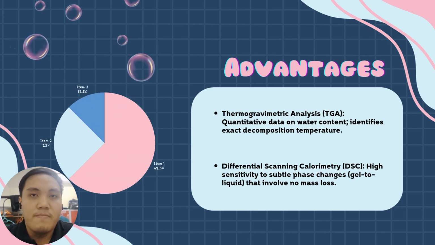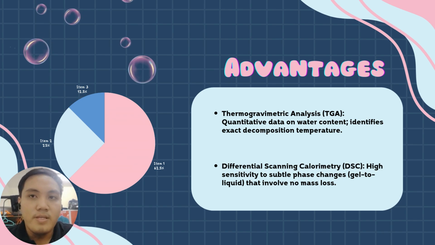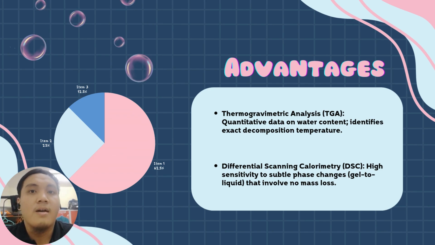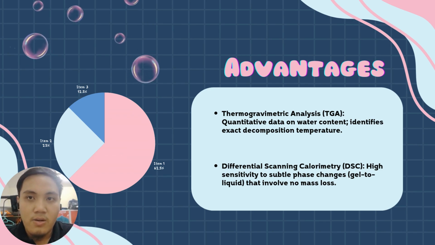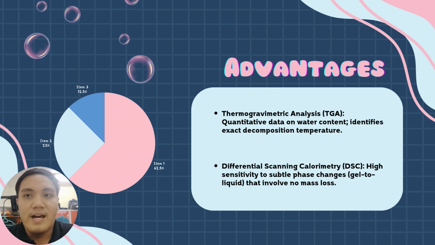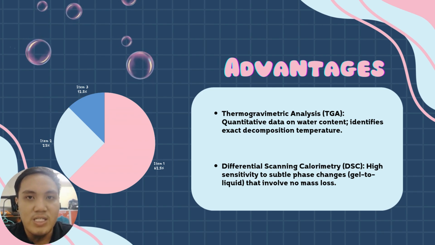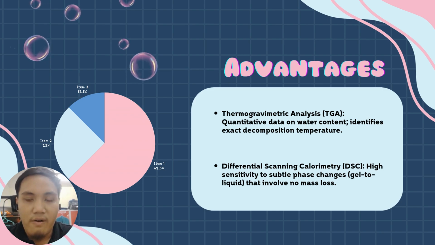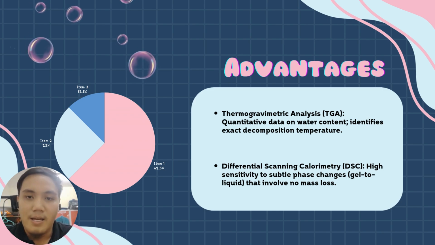Why do we use these specific techniques? TGA is excellent for quantitative data on water content and identifying exact decomposition temperatures. DSC, on the other hand, offers high sensitivity to subtle phase changes, such as the gel to liquid transition, which involve no mass loss and will be missed by TGA.